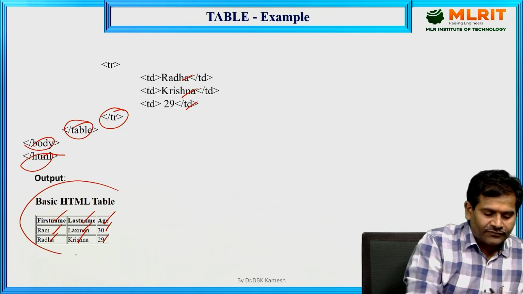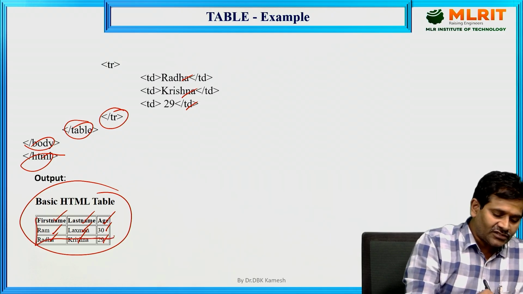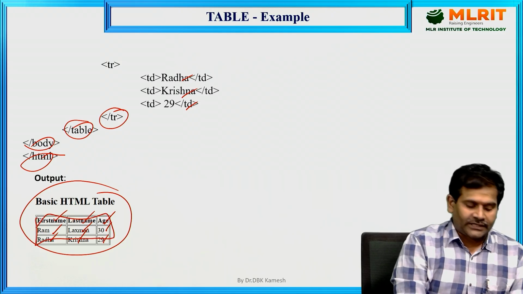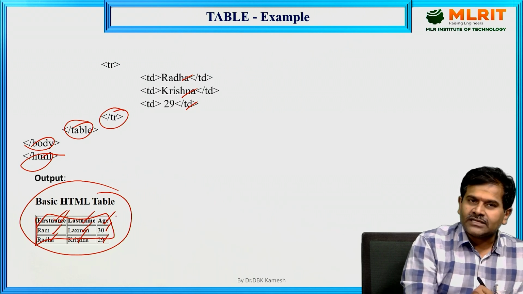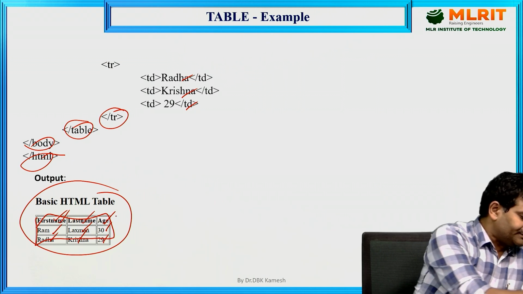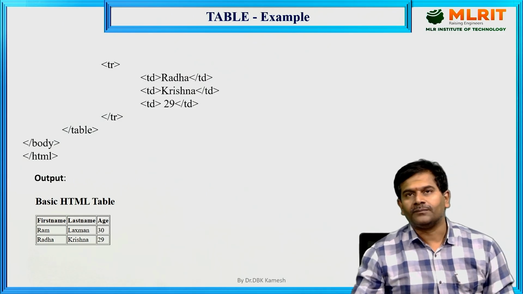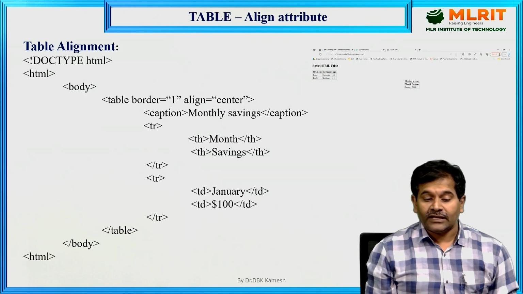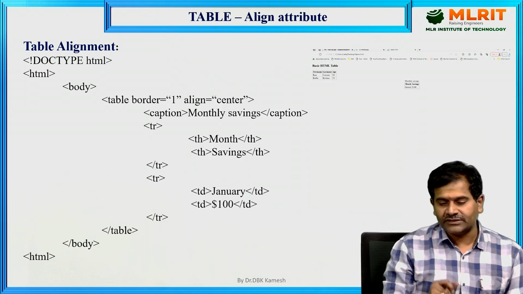The output of this program looks like this, with width also 1 inch. Here the table headers are first name, last name, etc. This is an example of particular HTML table attributes. Then if you want to align some attributes, we have given the previous example.